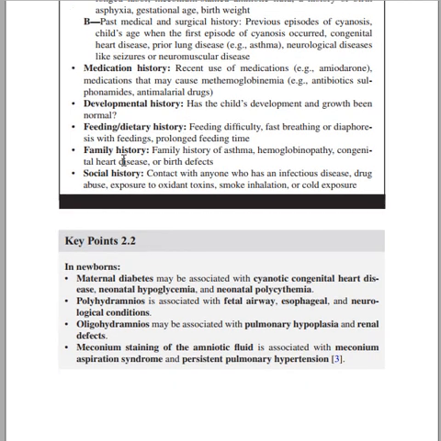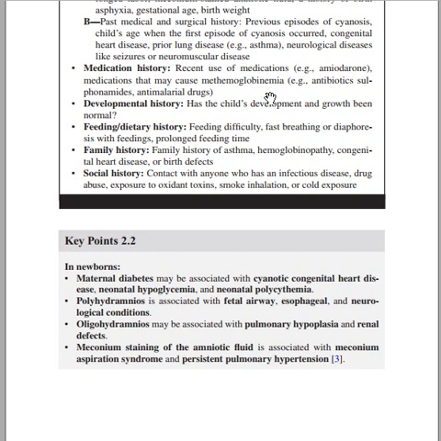The next one is the medication history. As I've told you, certain medications are teratogenic, and even present medication can result in cyanosis. For example, amiodarone is a present medication that can result in cyanosis, because it can cause methemoglobinemia. Methemoglobinemia is not actually deoxygenated hemoglobin. It is just that in place of the normal iron 2 ion present inside the hemoglobin, there is an iron 3 ion.